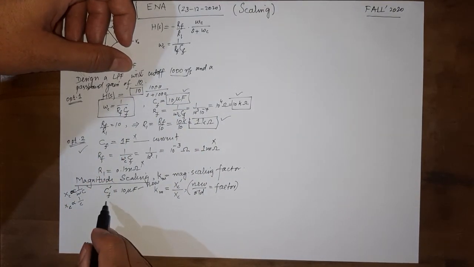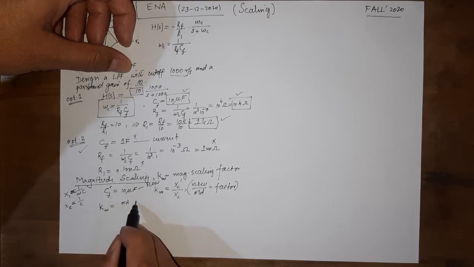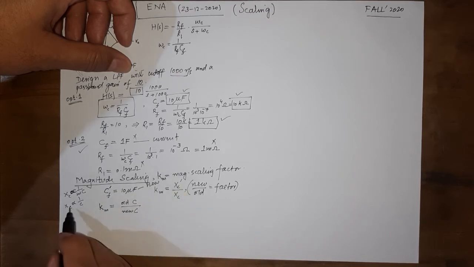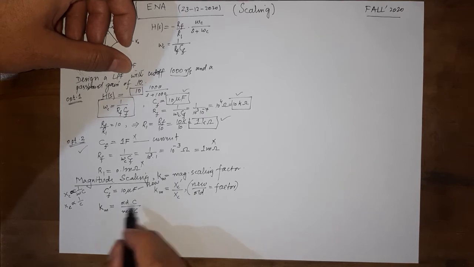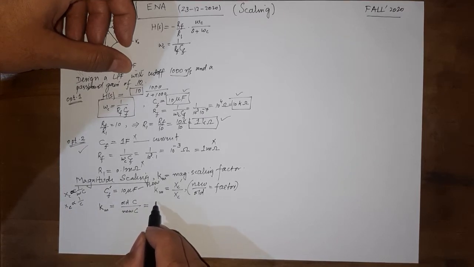That's important. Then I will say, okay, so Km is equal to old C divided by new C. Why? Because the capacitance is reciprocal to the capacitive reactance. So this will give me C over C dash.